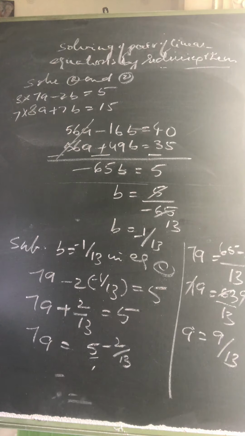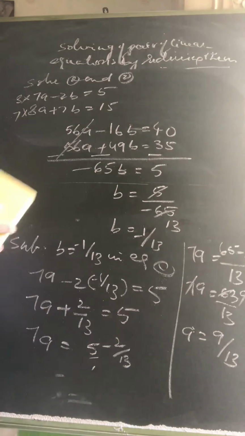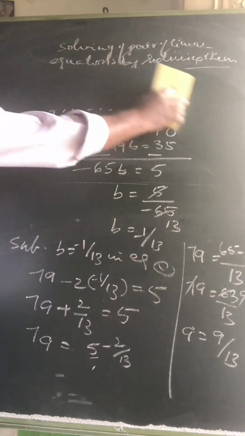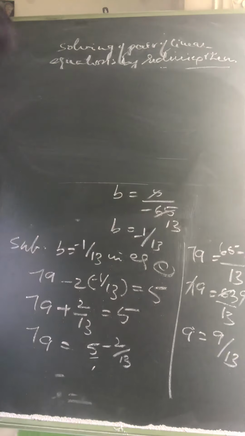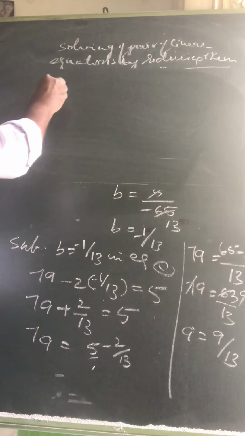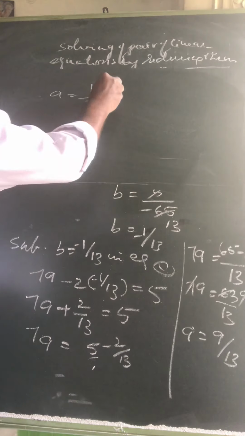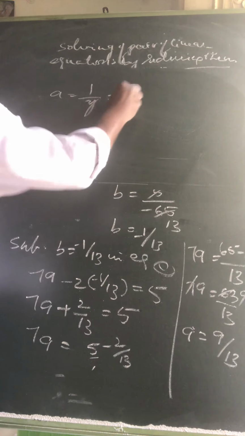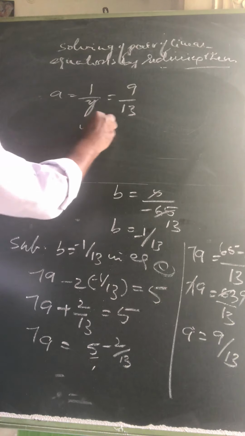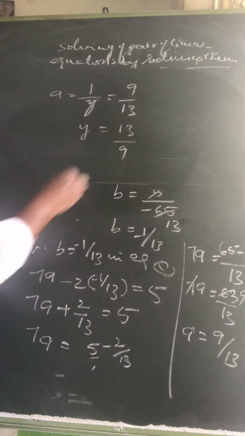You got it. But our question is not in terms of a and b. Substitute the values of a and b here. That is, a is 1 by y, which is 9 by 13, so y is equal to 13 by 9.